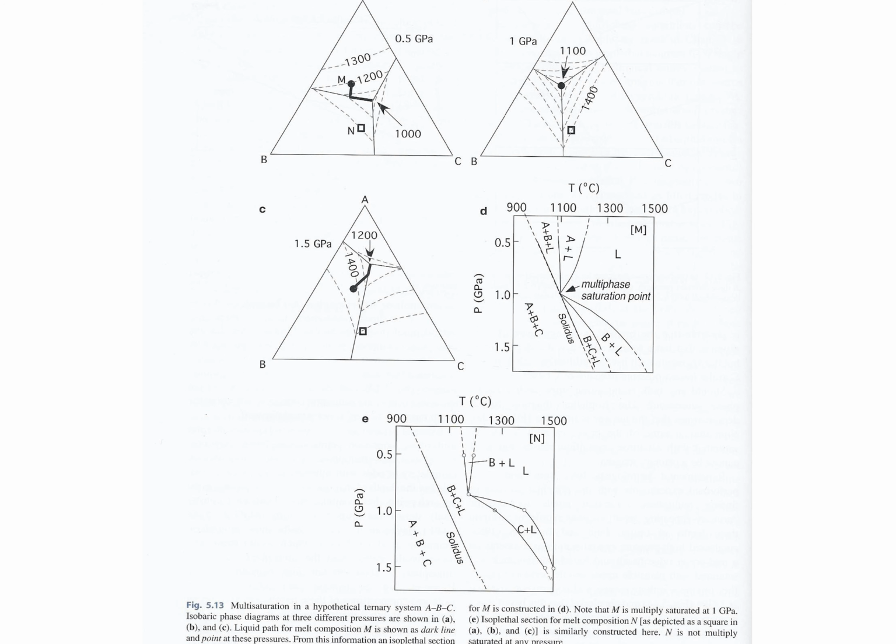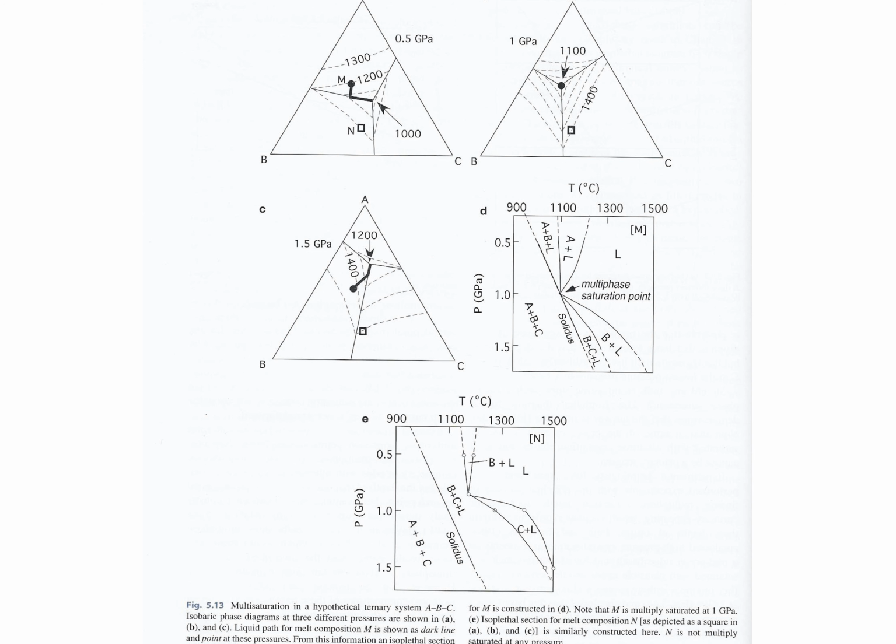So what is written here? Multisaturation in a hypothetical ternary system ABC, that is what I told you. Isobaric phase diagrams at 3 different pressures are shown in A, B, and C. Then we have the liquid path of melt composition M. The liquid path of melt composition M is shown as a dark line that points at these pressures.